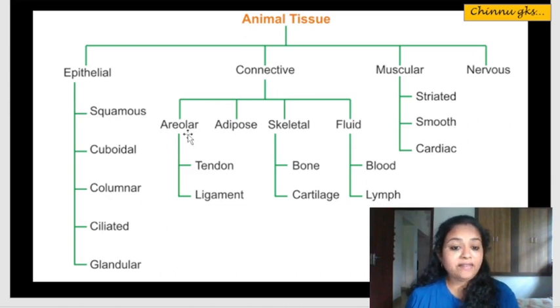In connective, we have areolar, adipose, skeletal and fluid; in fluid we have the blood and the lymph, and in skeletal, the bone and the cartilage. Then in muscular, you have three different kinds: striated, non-striated, also called smooth, and cardiac. And finally, the nervous one.